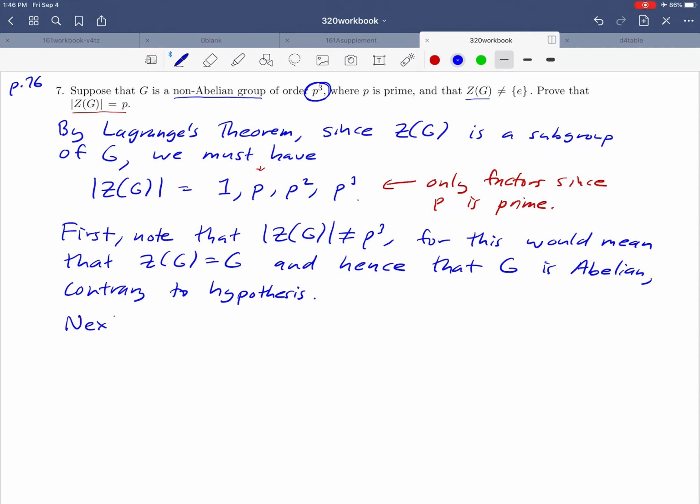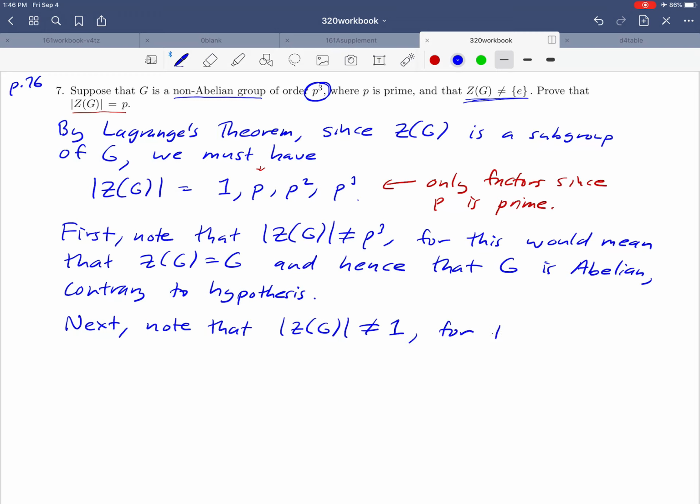Next, note that the order of Z of G can't be 1. What would happen if the order of the center were 1? Since the center of G is a subgroup, it could only contain the identity element, and our hypothesis said that the center is not equal to just the identity. That would also contradict hypothesis.